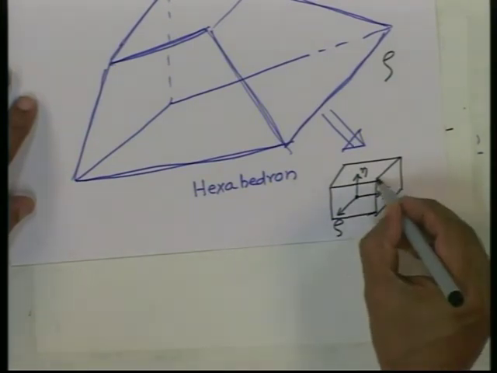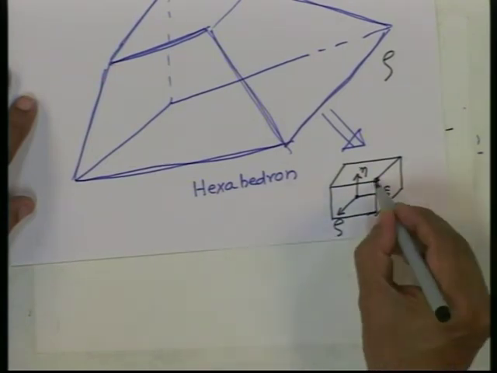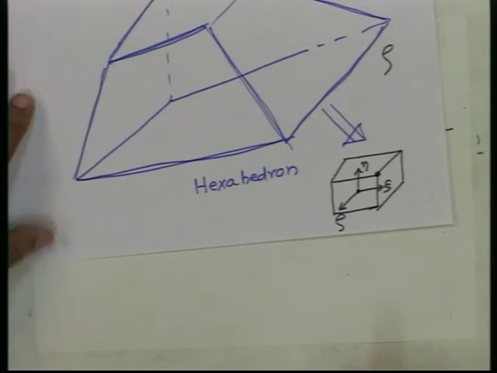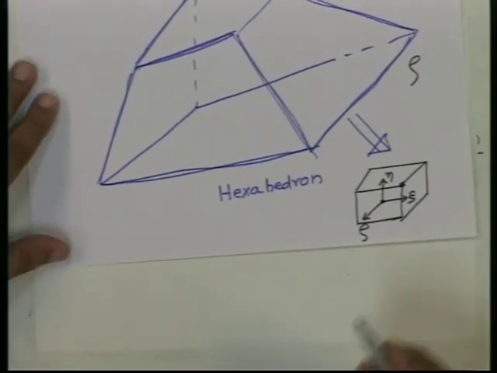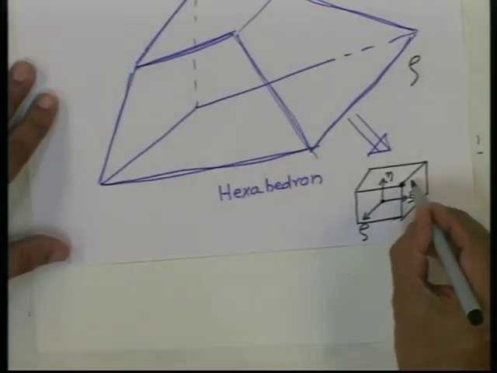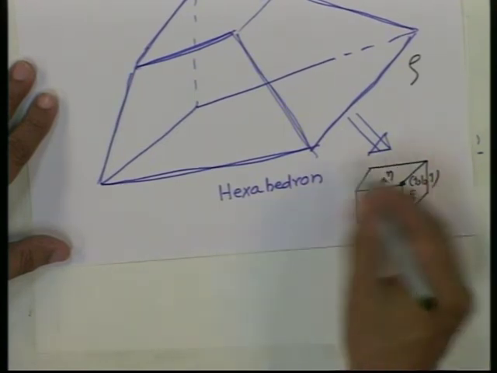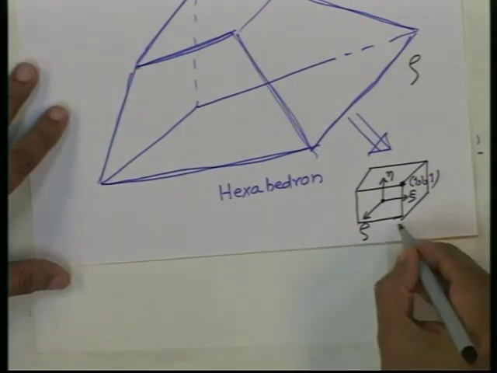I think this node is the only node which will have all coordinates positive, because it is in the first quadrant. So this node's coordinates will be 1, 1, 1. You can write down the coordinates of all the others.